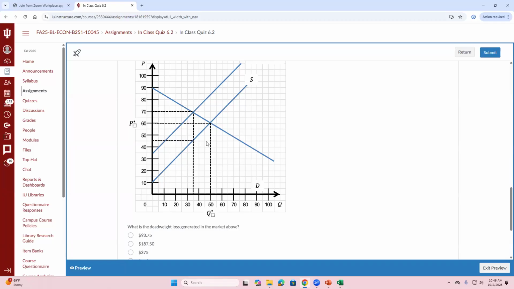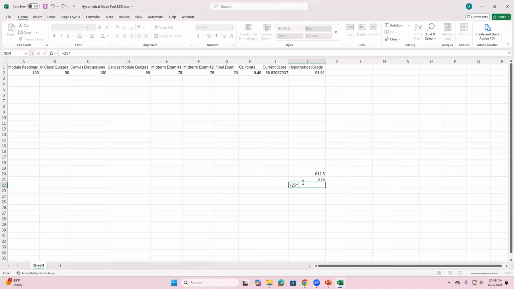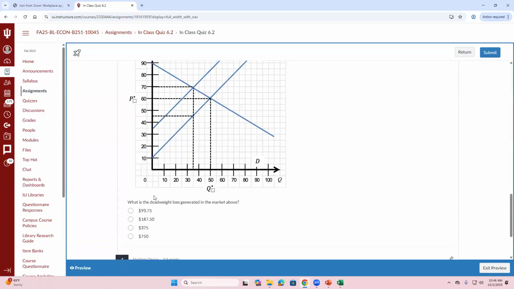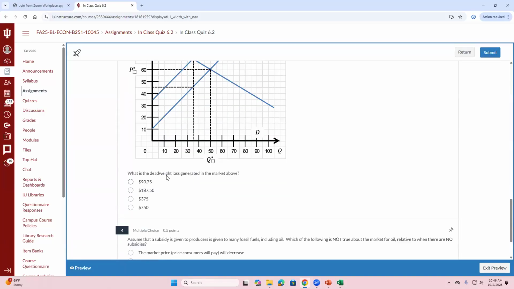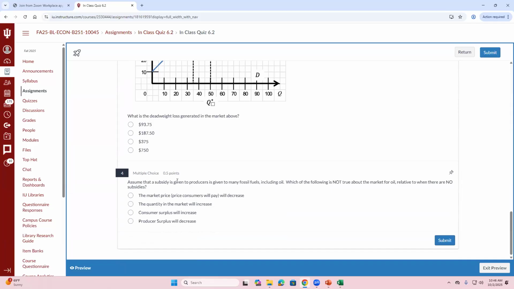The base is always going to be what? How many fewer units we see after the tax. So it went down by 15. So we've got what? 25 times 15 times 1/2. All right, checking our math there would be $187.50.